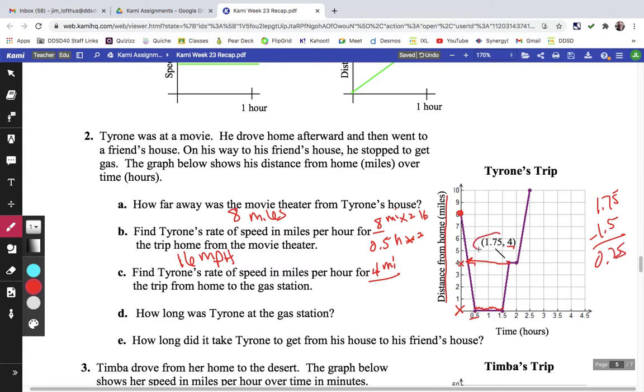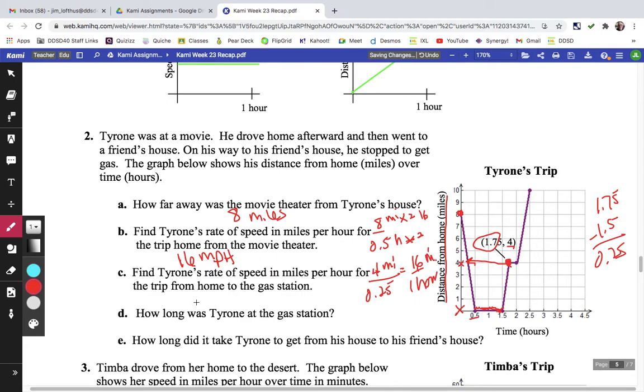I'm getting the 1.75 for that time right there. And I know he left and started getting farther away from his house at 1.5. So just subtracting those 2 gives me the 0.25. So 4 miles in a quarter hour is the same speed, 16 miles per hour. If we multiply those both by 4, we get 1 hour.